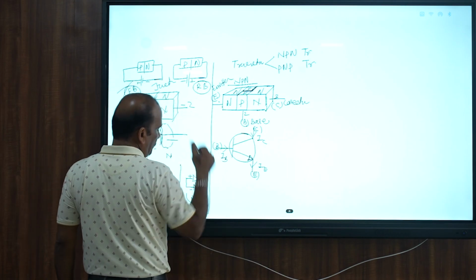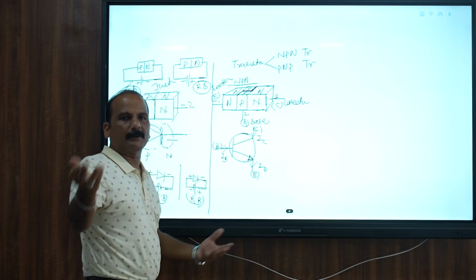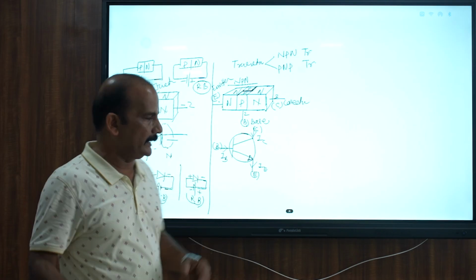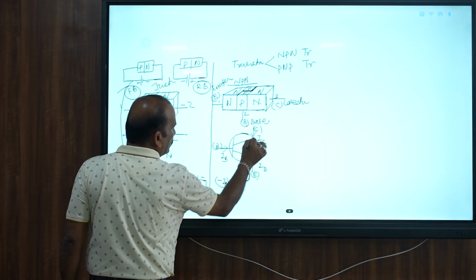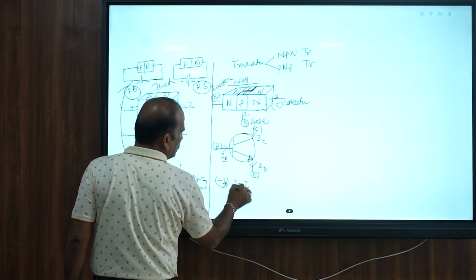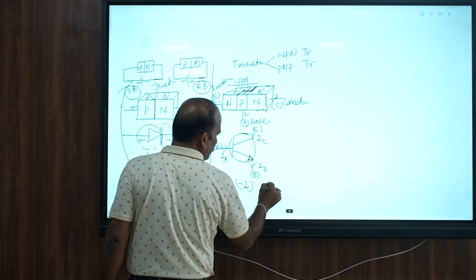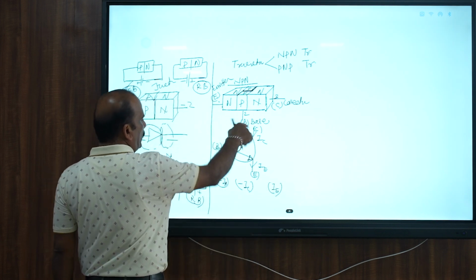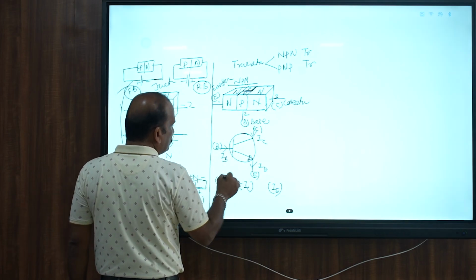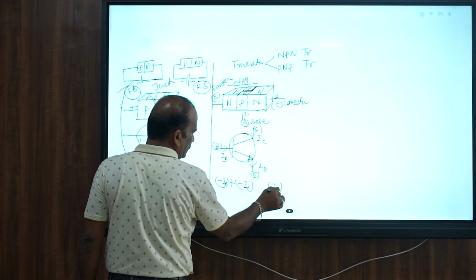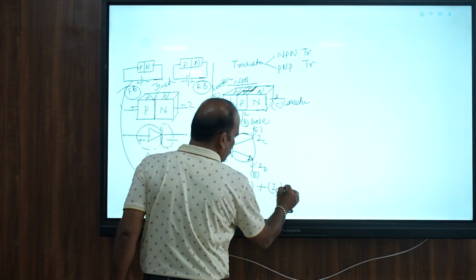If I write the incoming current as positive and outgoing current as negative, I can write like this: minus IB, minus IC, and the outgoing current positive, only IE. The sum of all the currents meeting at a point is 0.